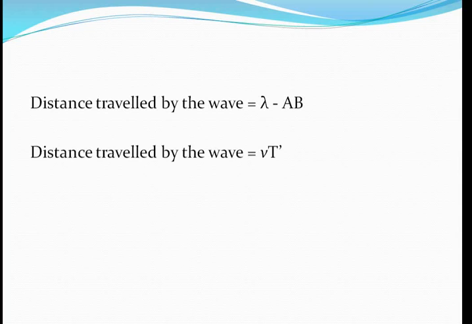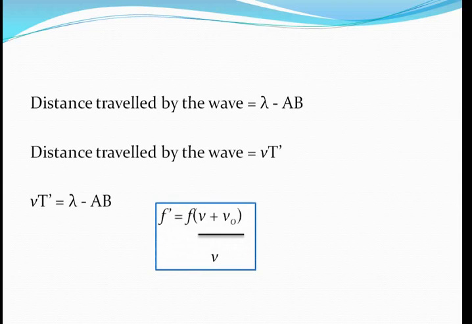Equating these two expressions, we get V into t dash is lambda minus AB. We already know that AB is the distance traveled by the observer in time t dash. So we can substitute AB by speed of the observer into time t dash. And we can similarly substitute lambda by speed of the wave into the original time period of the wave, t.